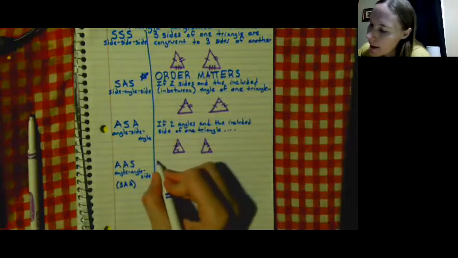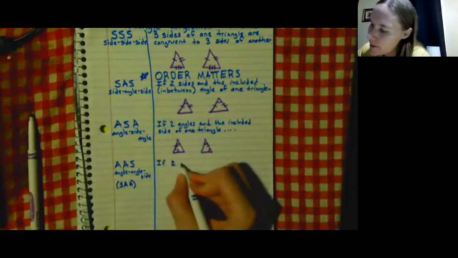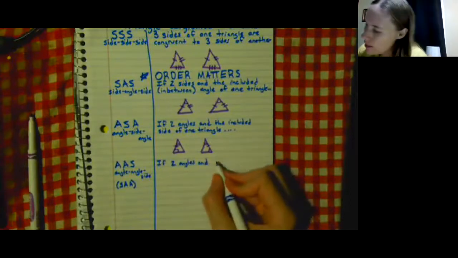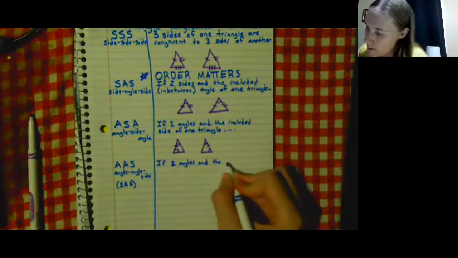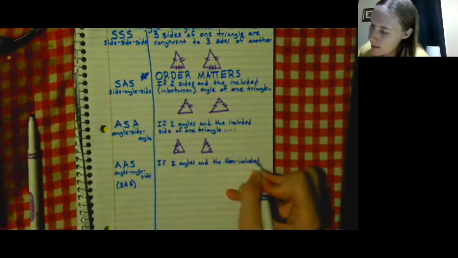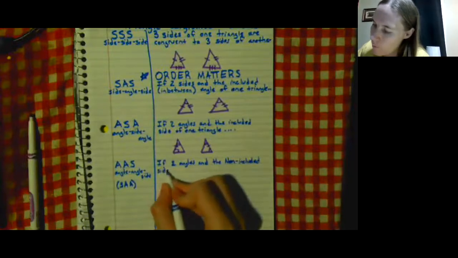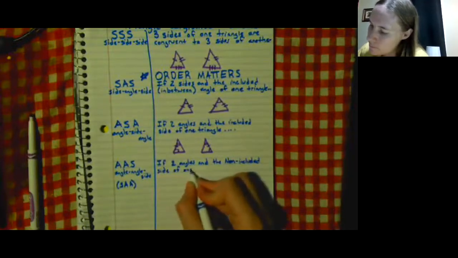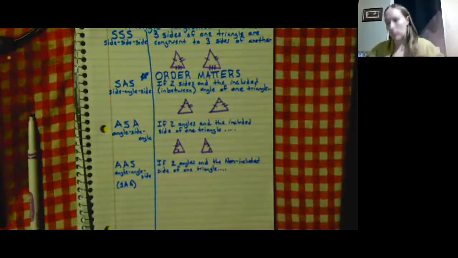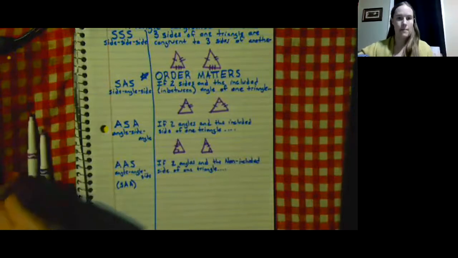So this is if two angles and the non-included side of one triangle are congruent to the two angles and the non-included side of another triangle, they're congruent.